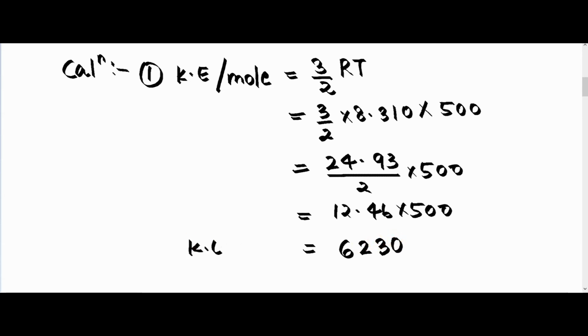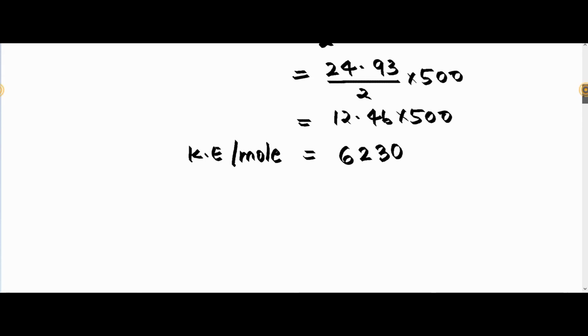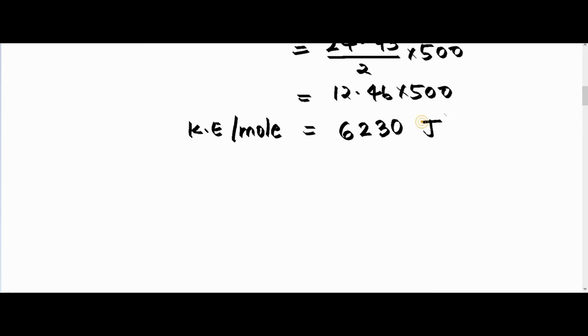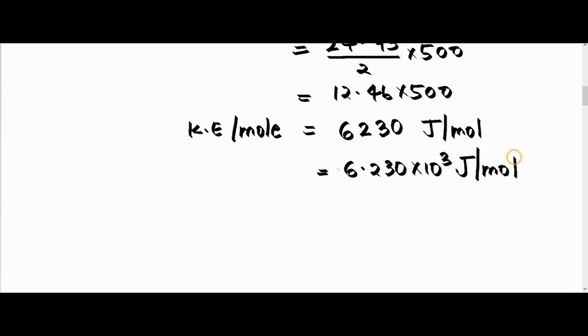So this is kinetic energy per mole. The unit of this will be joule per mole. We can also write it as 6.230 into 10 raised to 3 joule per mole. So this is our first answer.